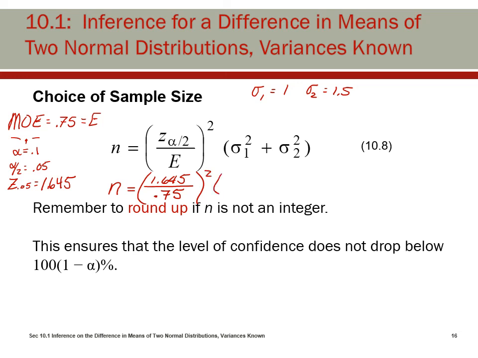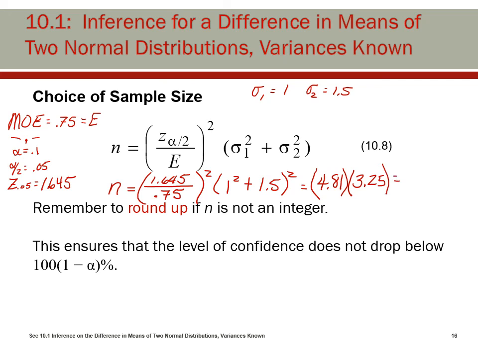And so we've got 1 squared plus 1.5 squared. When we work that out, the 1.645 divided by 0.75 squared comes out to 4.81. And when we multiply that by 1 squared plus 1.5 squared, we get 3.25.